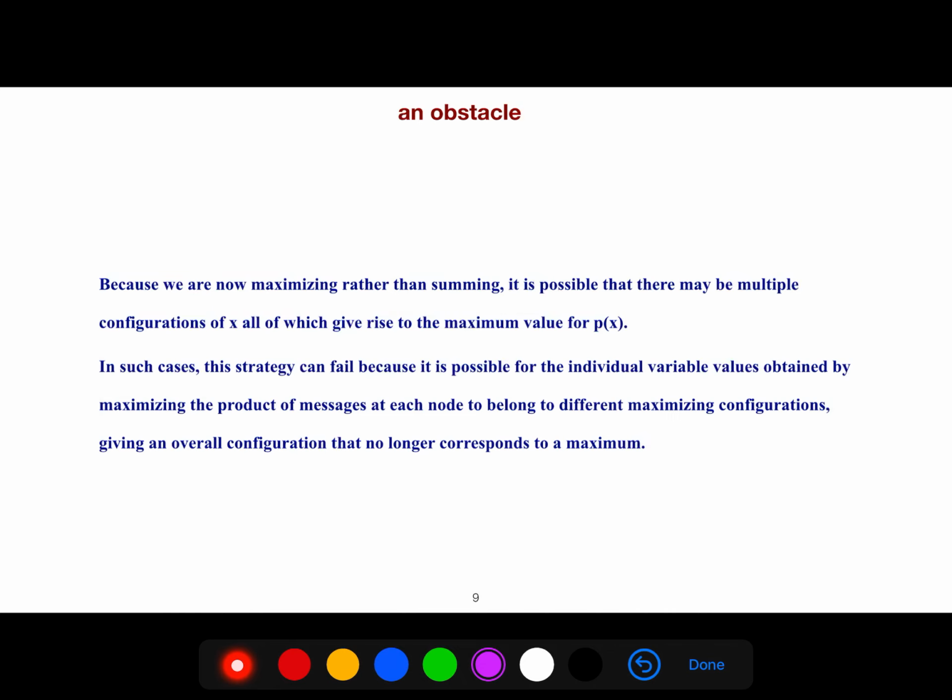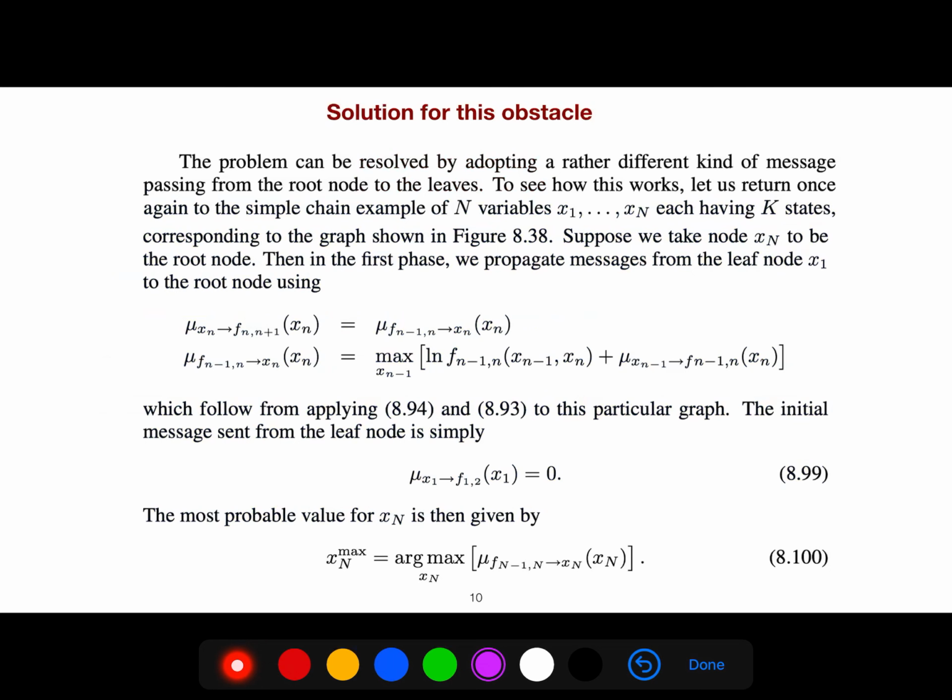In such cases, this strategy can fail, because it is possible for the individual variable values obtained by maximizing the product of messages at each node to belong to different maximizing configurations, giving an overall configuration that no longer corresponds to the maximum. So there is a solution for this.